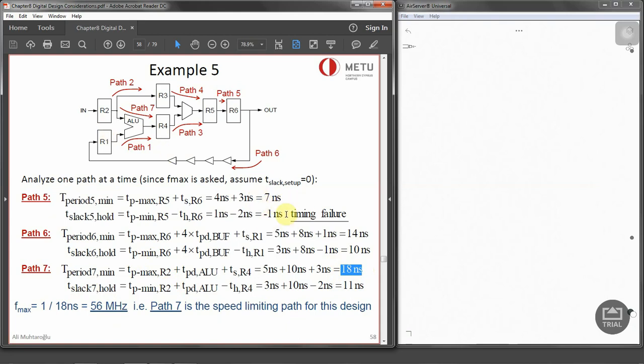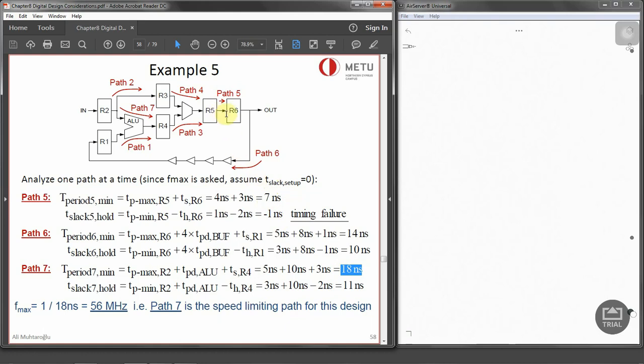How about the timing failure? We need to fix that one because we have got a minus 1 nanosecond timing failure. And as we have got plenty of setup slack on the route between R5 and R6, what we can do is add a buffer in between.